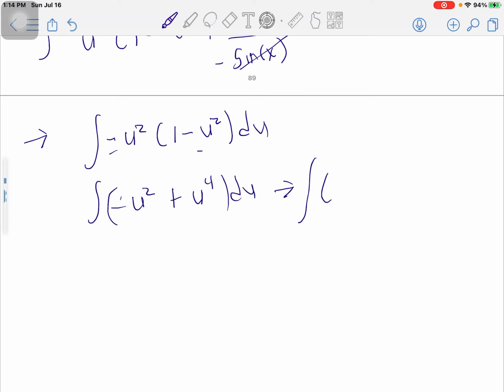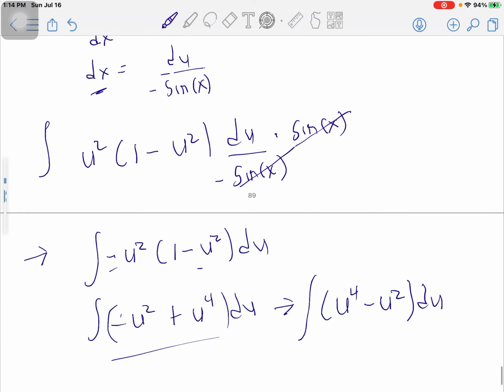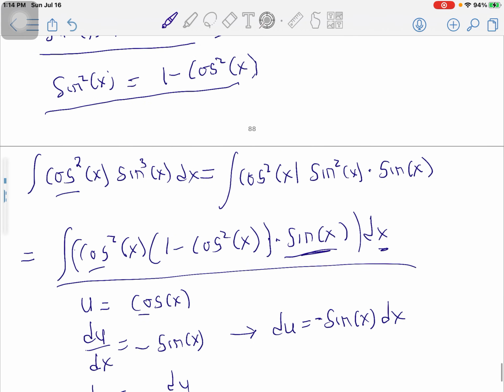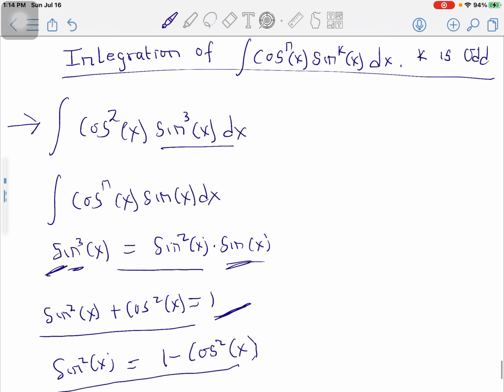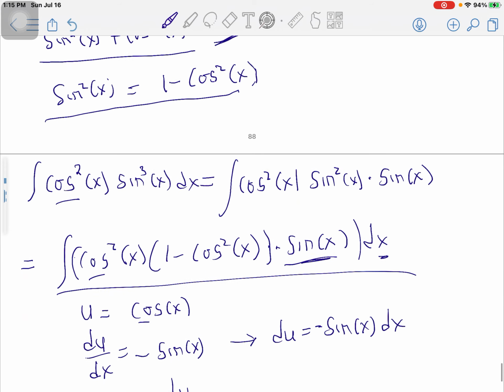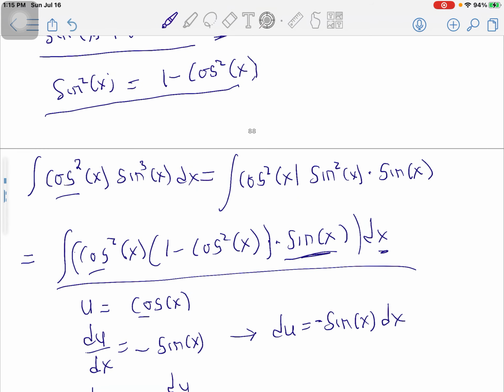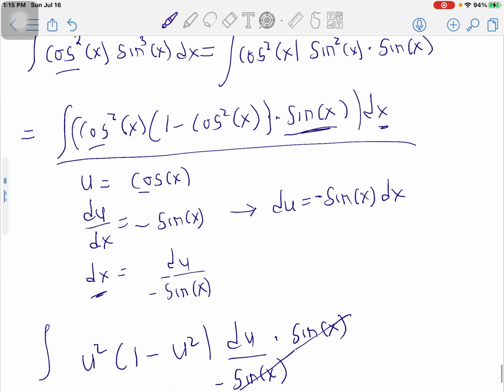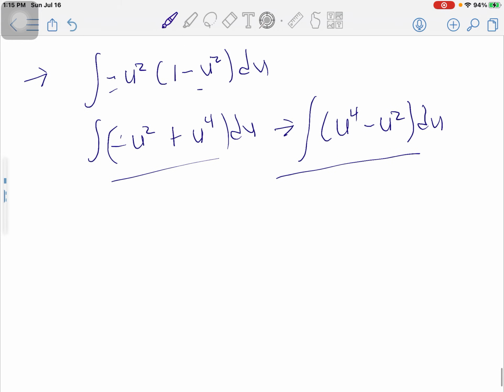You can rearrange it to get your desired one that you want. So in rearranging this expression, you are going to get u power 4 minus u squared all du. Now you can see that whatever expression that you are having here is far simpler than the original question which was given, which is cos square of x multiplied by sine cube of x.